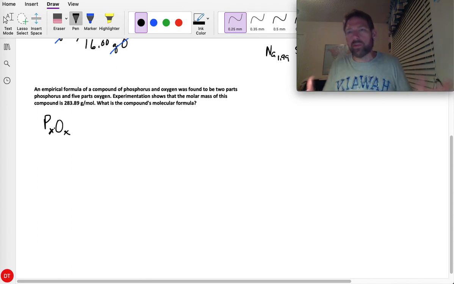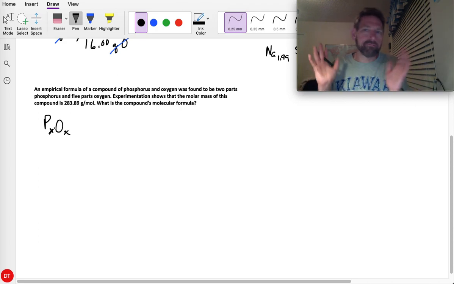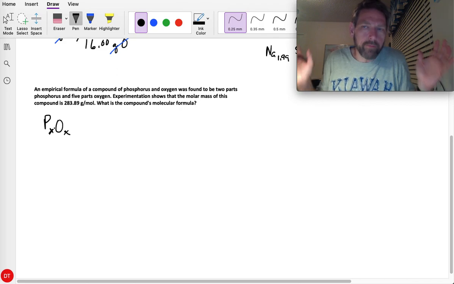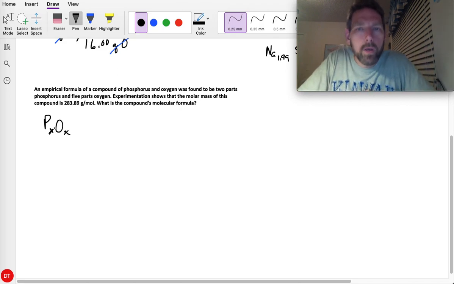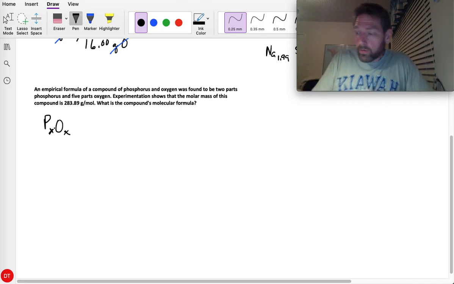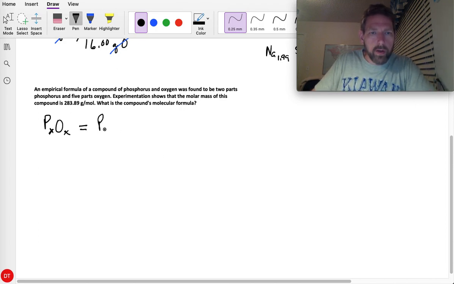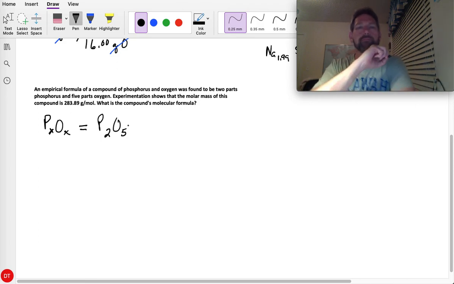It's telling us that we've got some ratio of atoms of phosphorus and oxygen. So P_x O_x. X just means some integer, right? We don't know what it is. It tells us that we've got 2 parts phosphorus and 5 parts oxygen.